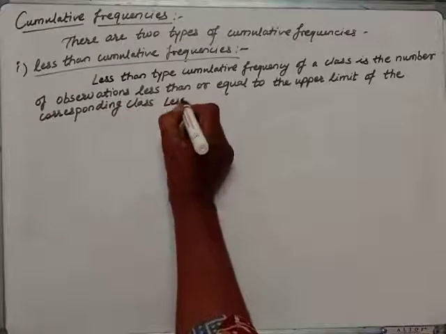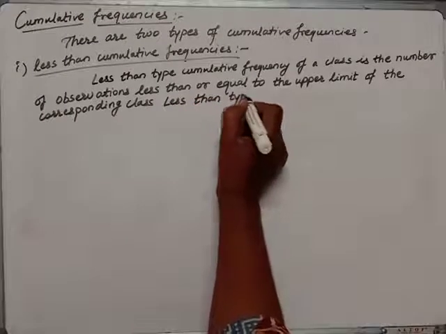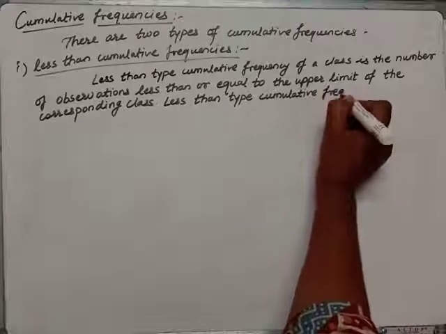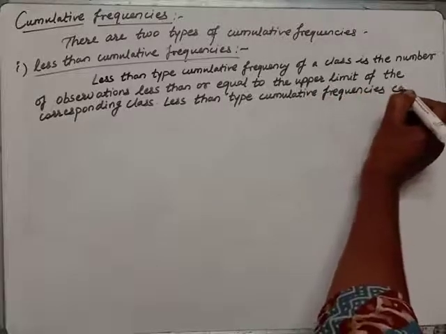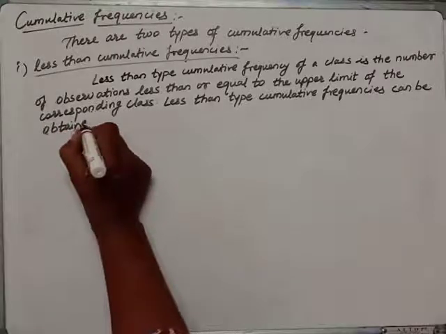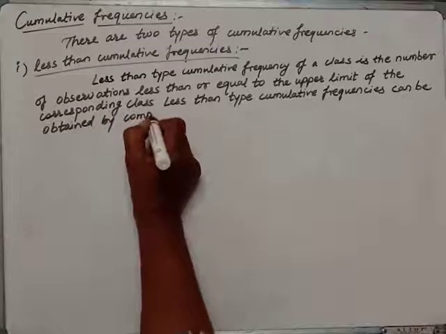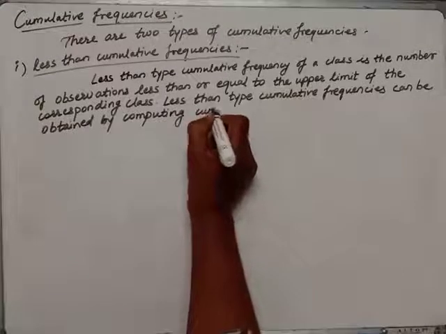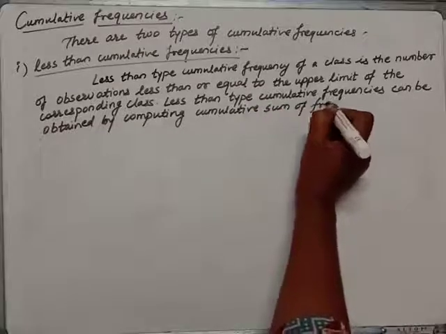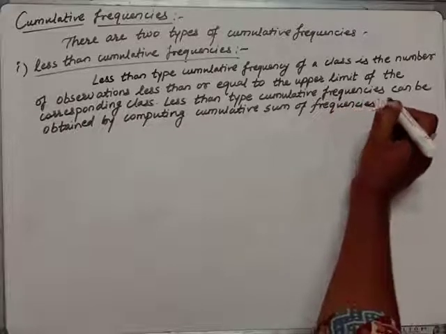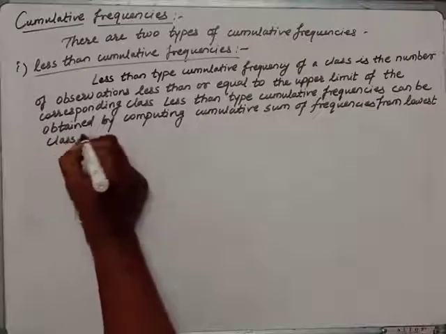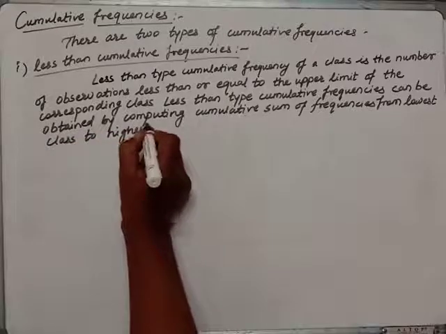Less than type cumulative frequencies can be obtained by computing the cumulative sum of frequencies from the lowest class to the highest class.